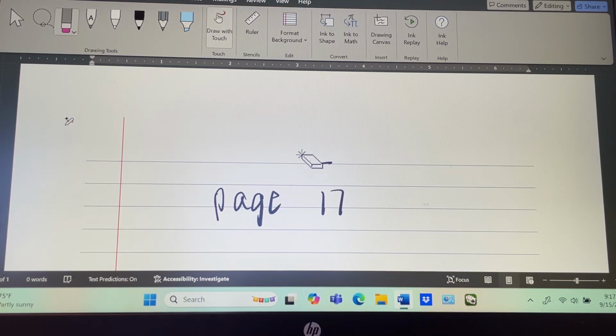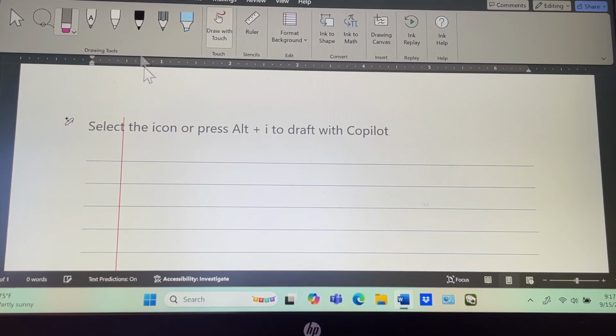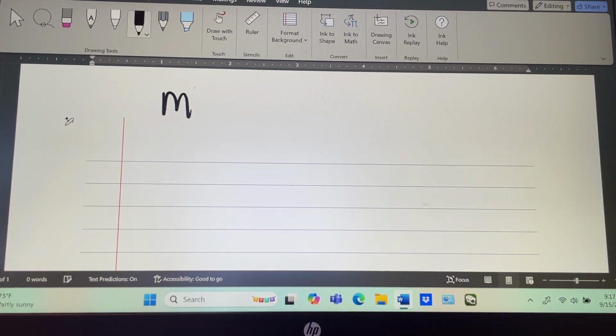So let's work through a step at a time on that first problem. We have m squared n to the negative 5th power, and that's all in parentheses, and that's all to the negative 2nd power.